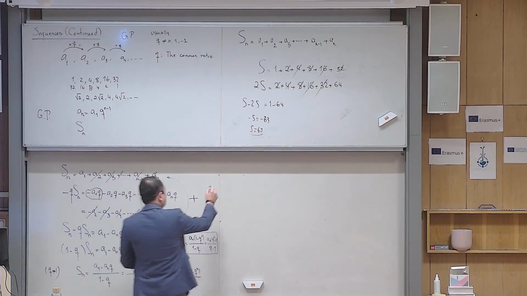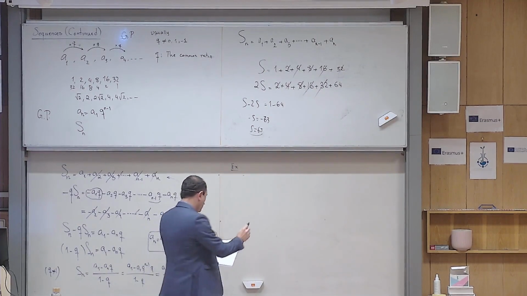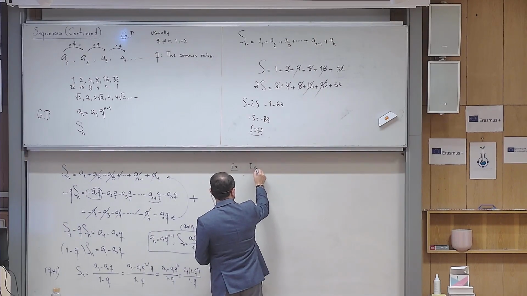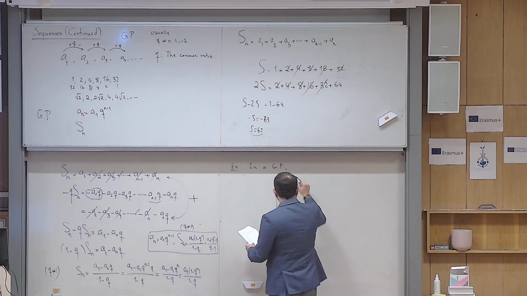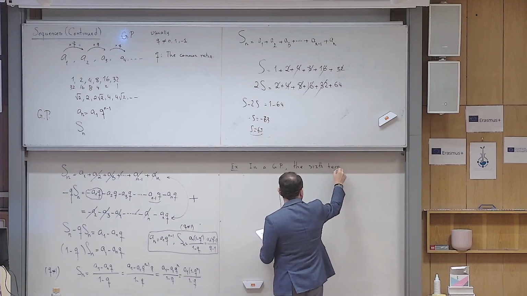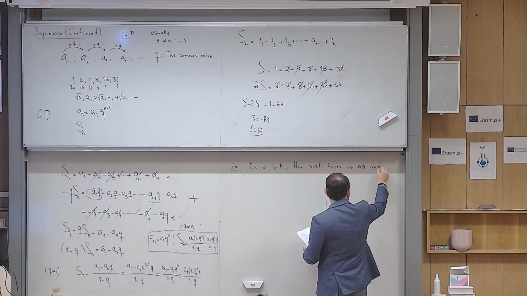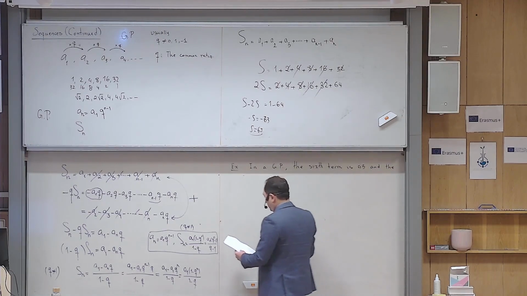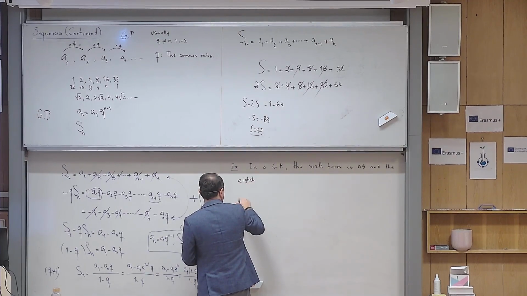So example, in a geometric progression, in a GP, the sixth term is 53, and the eighth term, how do you write eighth? Something like that, yes.